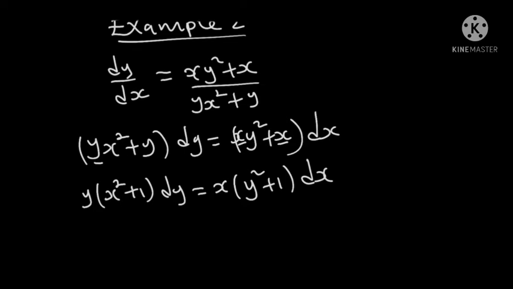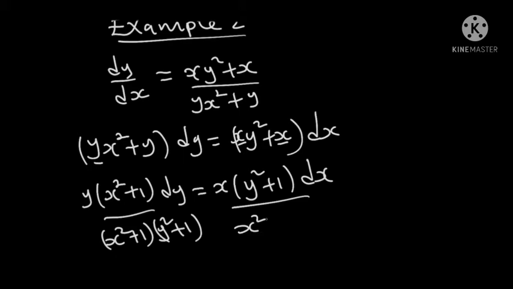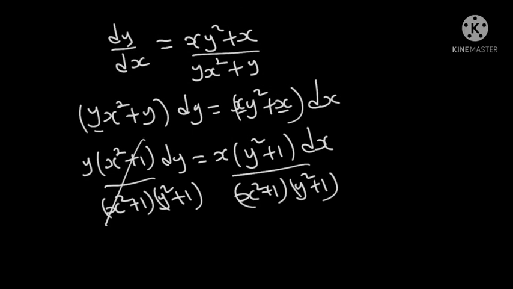We can divide both sides by x squared plus 1 and simultaneously by y squared plus 1. This will cancel, and we remain with y over y squared plus 1 dy.